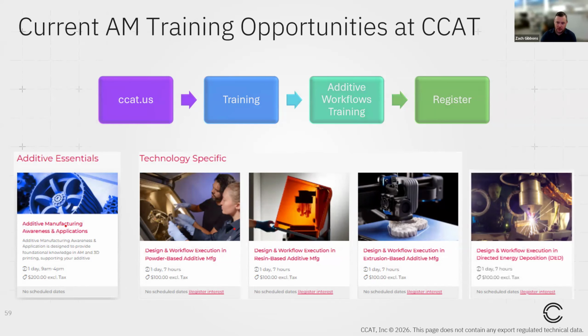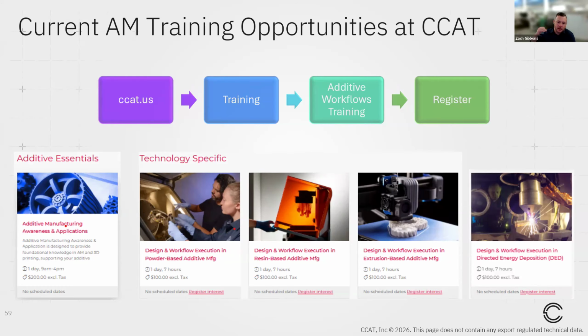Today, these are the additive training opportunities we have at CCAT. This is kind of just the workflow to how to find it through our website. Go to the CCAT US training page, additive workflows. And then if you click the registration link, it's going to show you a list of classes, which is just what you see here on the screen. So we have Additive Essentials.